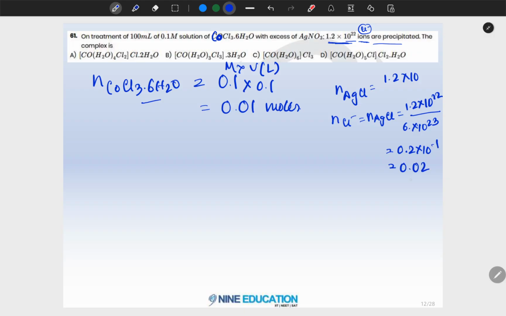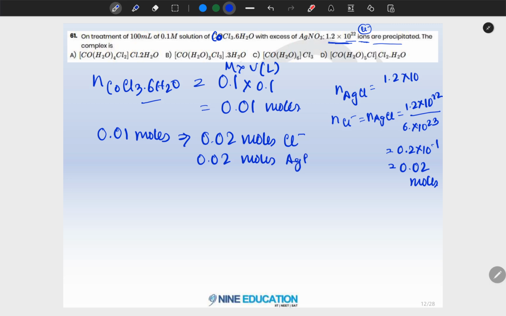So 0.02 moles. So clearly we are able to see from 0.01 moles of complex, I am getting 0.02 moles of Cl minus or 0.02 moles of AgCl. So clearly from 1 mole of the complex, I will get 2 moles of Cl minus.